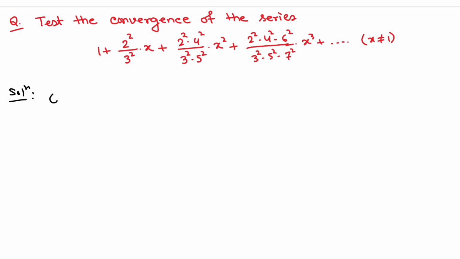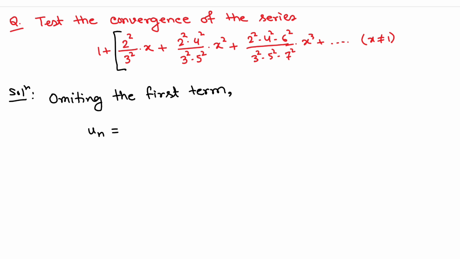So write omitting the first term. Now find out un is equal to, okay, so now this is our first term, because we have omitted this number. So now this is n equals to 1, this is n equals to 2, and so on. So we have to think from this.